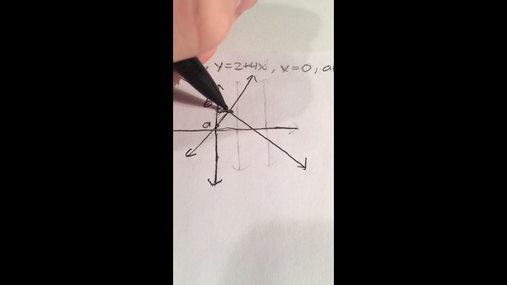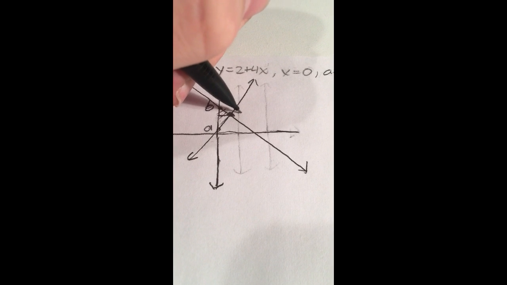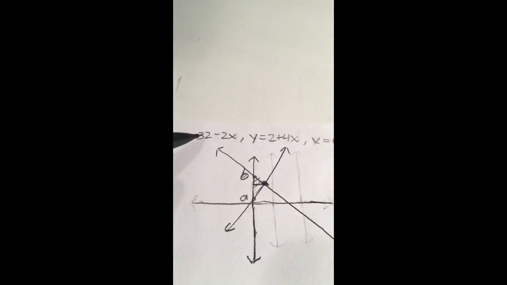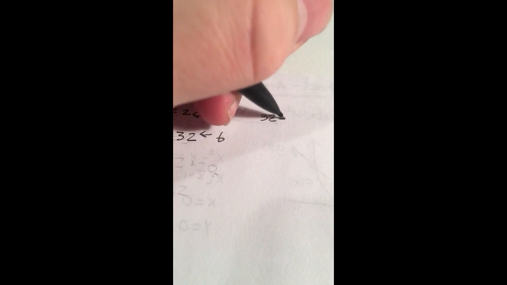So what we're going to have to do is split up the limits of integration. We have to find this point, and its y value is going to be where we split them up. That's where these two lines intersect. So we're going to set those equal to each other and solve: 32 minus 2x equals 2 plus 4x.